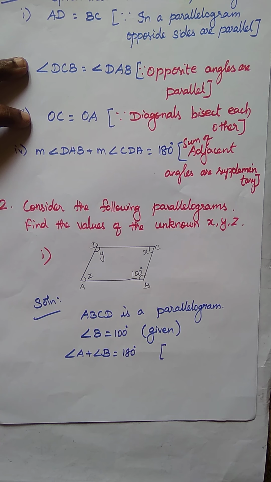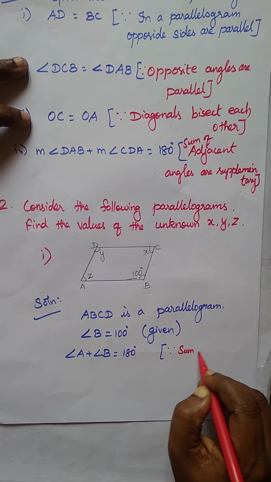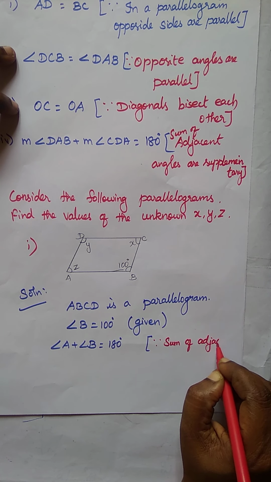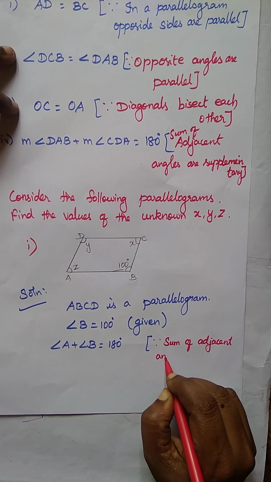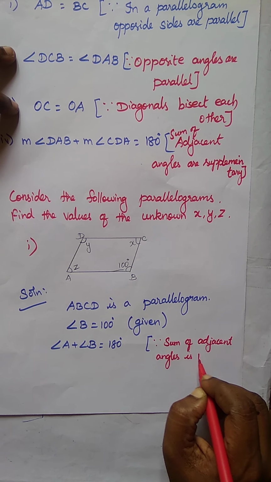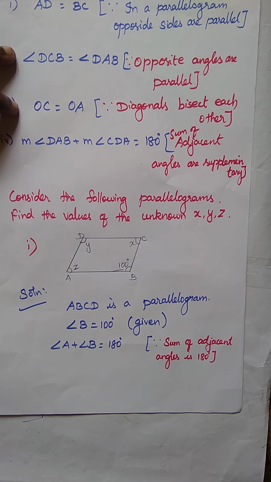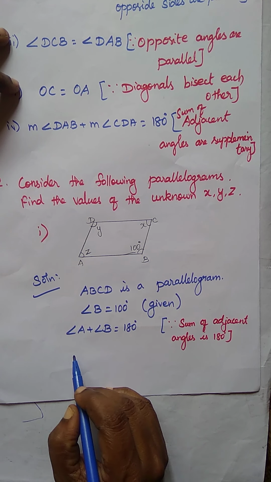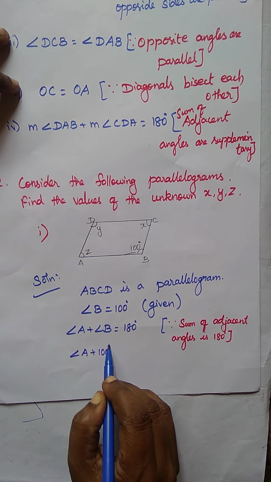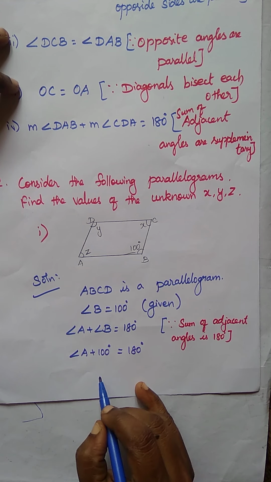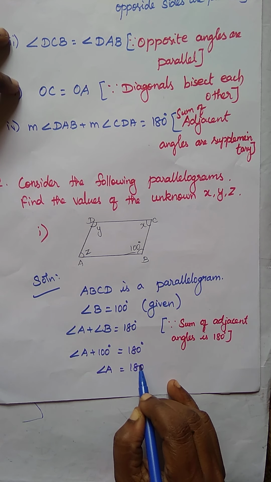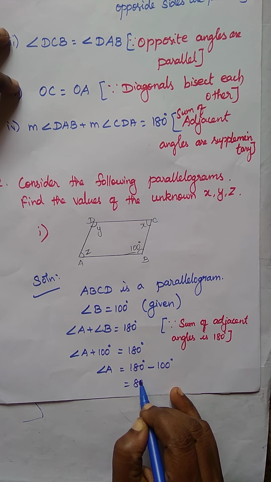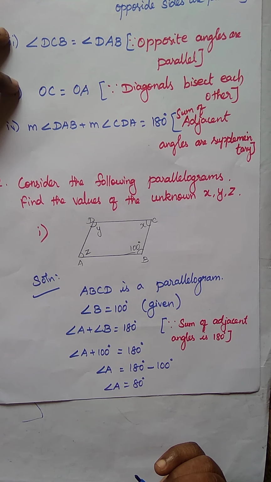Write the reason: sum of adjacent angles is 180 degrees. We know the value of angle B is 100 degrees, so angle A plus 100 degrees is equal to 180 degrees. So angle A is equal to 180 degrees minus 100 degrees, which is 80 degrees. So angle A is equal to 80 degrees. Clear?